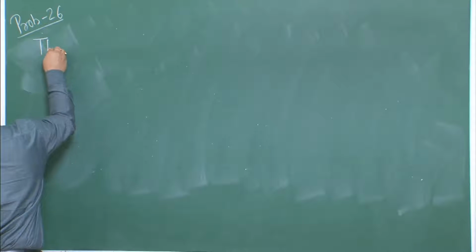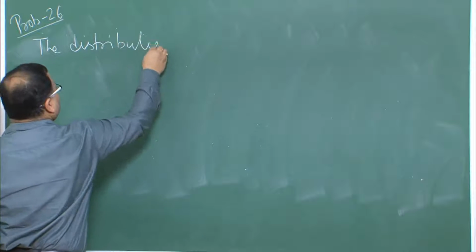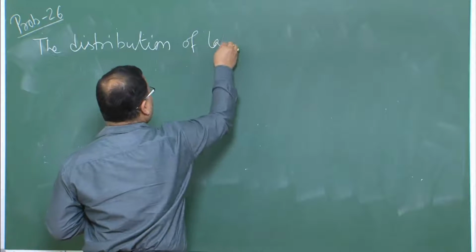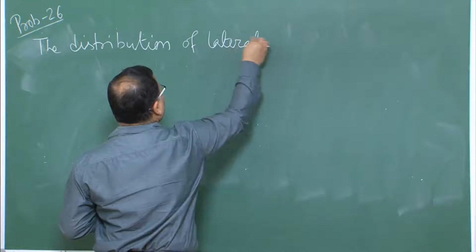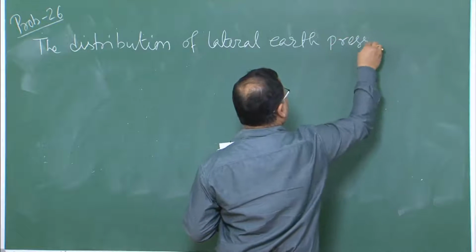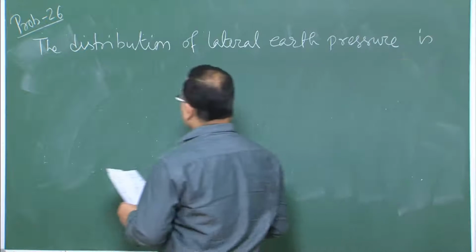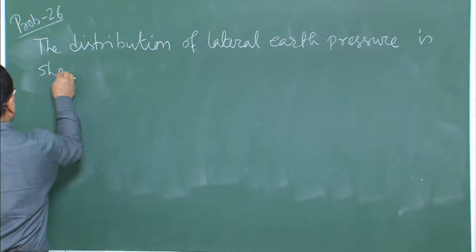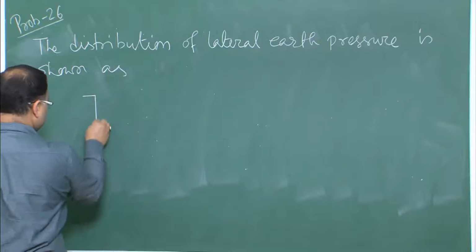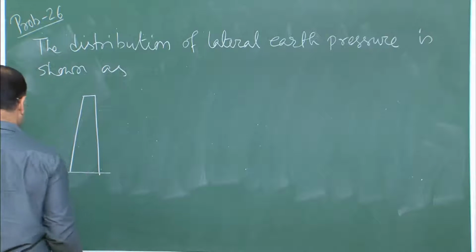So, the distribution of lateral earth pressure is shown as, so this is the wall, okay.